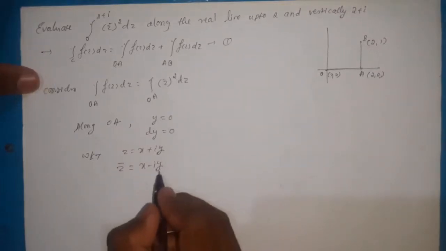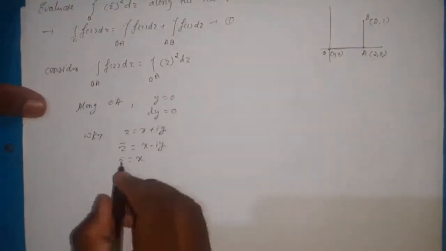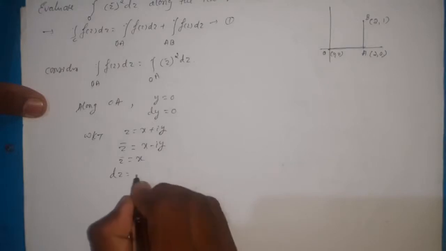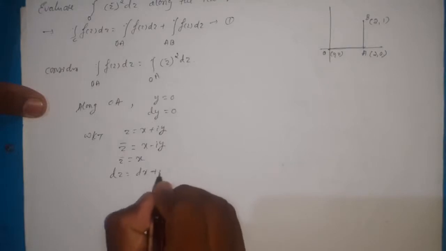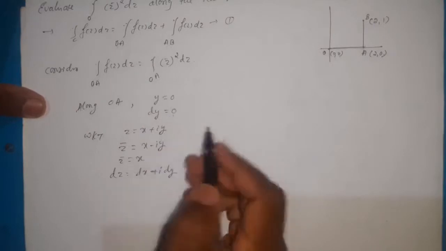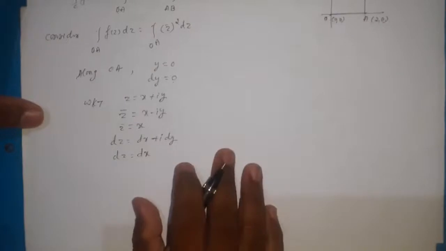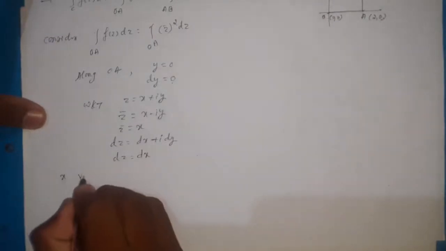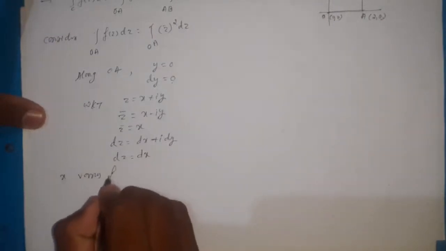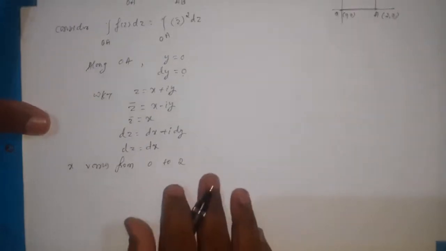But here y equal to 0, it implies z bar equal to x, and dz equal to dx plus i dy. Here dy is also 0, hence dz becomes dx, and x varies from 0 to 2.